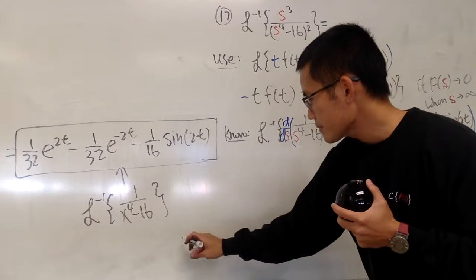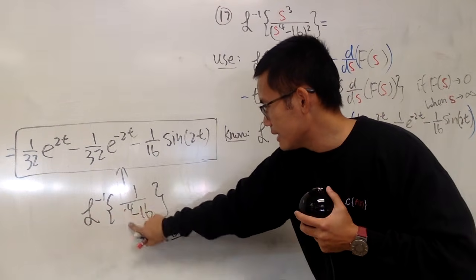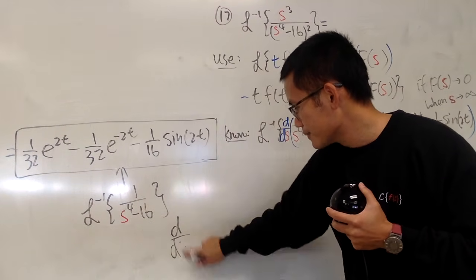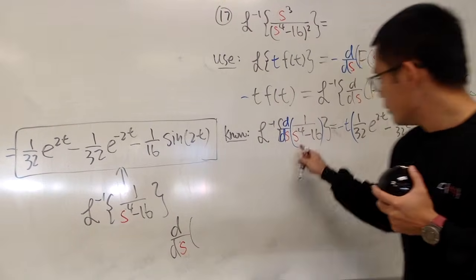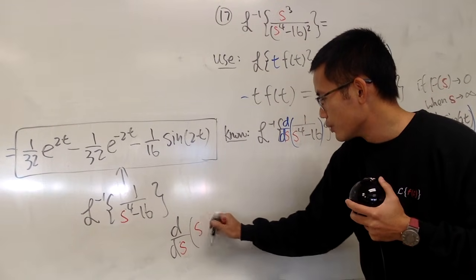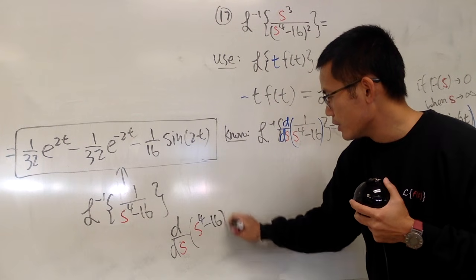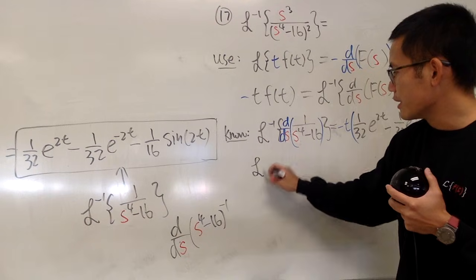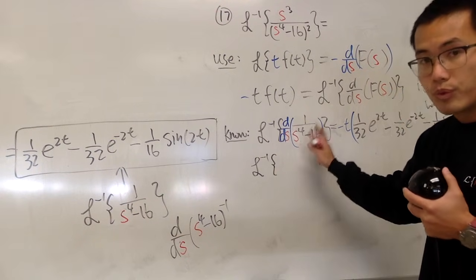Let's see. Just write this down. ds, right? Look at this as s to the 4th power minus 16 to the negative 1 power. Yeah? So have a look. The left-hand side is the following. If you do the inverse Laplace, do the derivative first.